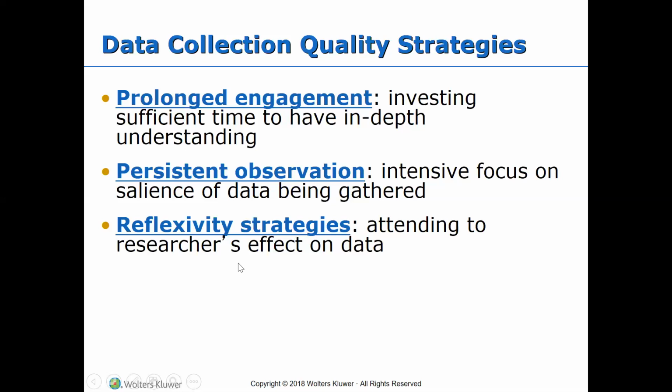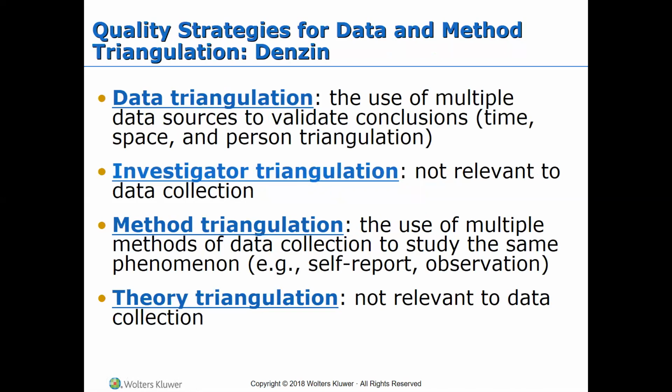And then recognizing, anytime we talk about reflexivity, that means your own reflection. Think of this as the researcher's reflection on how their ideas and how they themselves are influencing the data and its collection. Triangulation, we've talked about, is using multiple data sources.